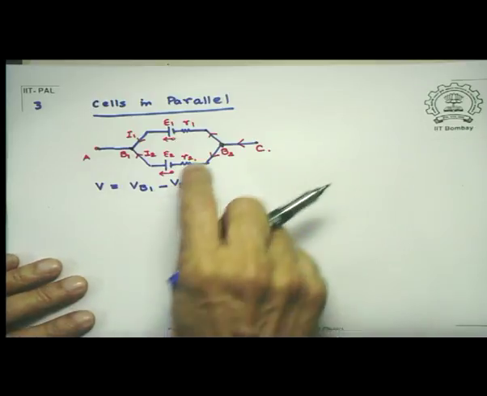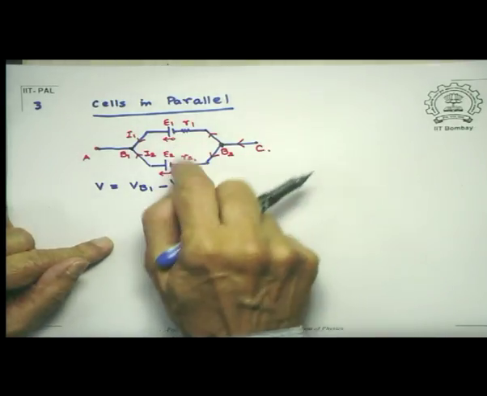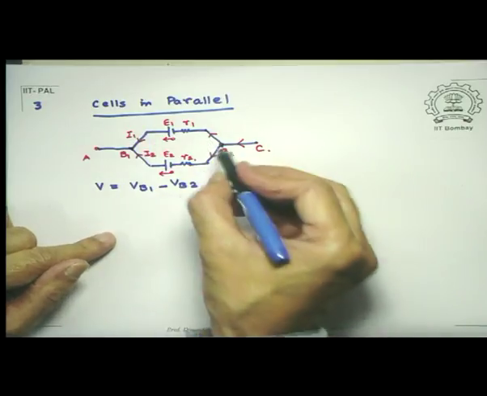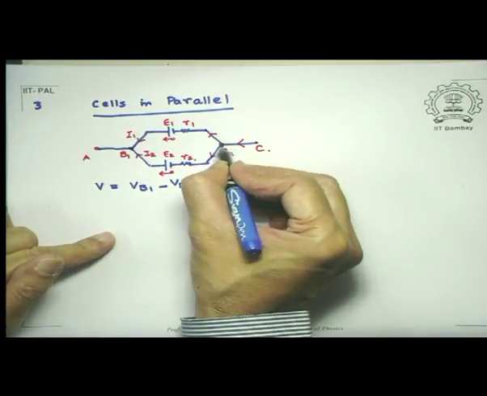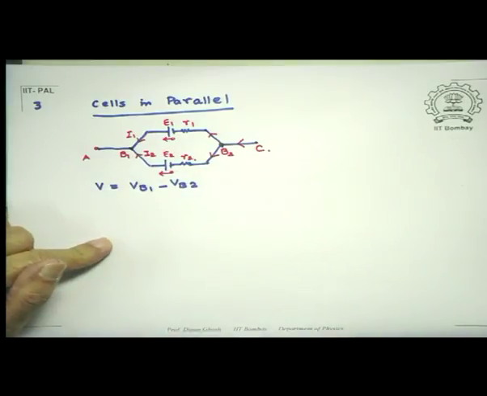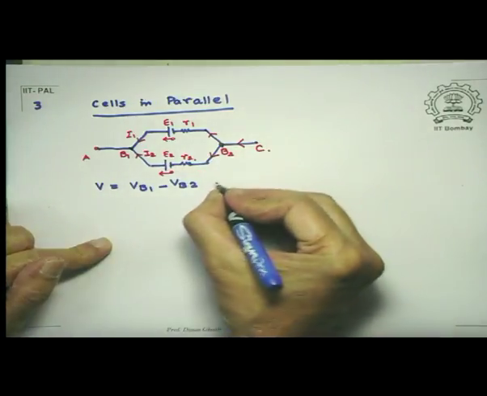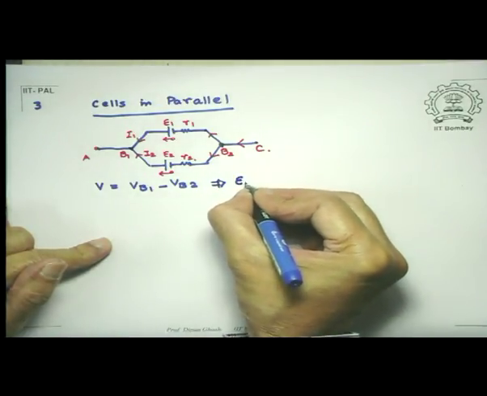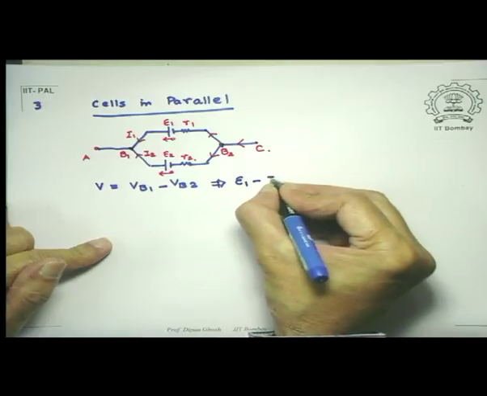So this difference, VB1 minus VB2, since it's a parallel combination, you can compute it either through this branch or through this branch, whichever way you like. So that tells me that it is E1 minus I1 R1.